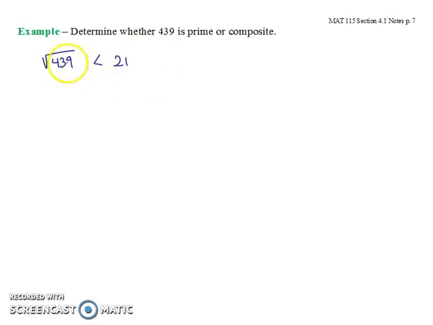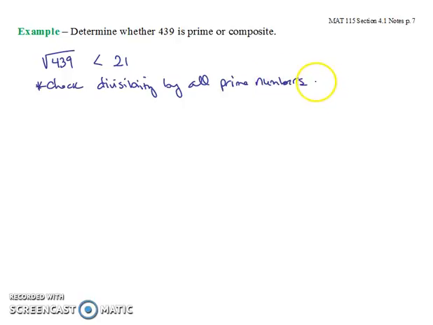So I'm going to check prime numbers less than 21. I'm going to check 2, 3, 5, 7, 11, 13, 17, and 19.